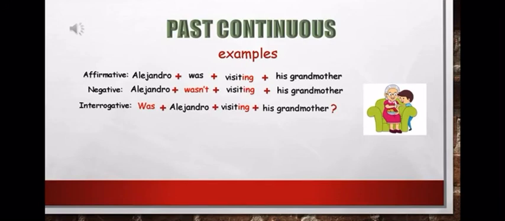In the negative sentence, Alejandro, subject, wasn't, auxiliary negative, visiting, verb plus ing, his grandmother, complement. And the interrogative sentence: was, auxiliary, Alejandro, subject, visiting, verb plus ing, his grandmother, complement.